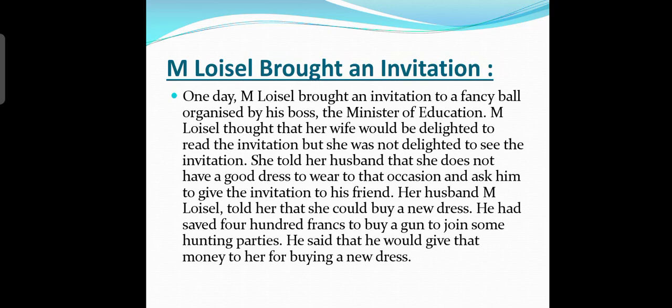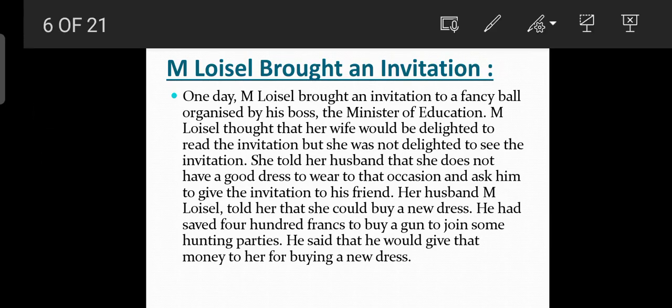She told her husband that she does not have a good dress to wear to that occasion and asked him to give the invitation to his friend. Her husband M. Loisel told her that she could buy a new dress. He had saved 400 francs to buy a gun to join some hunting parties. He said that he would give that money to her for buying a new dress.